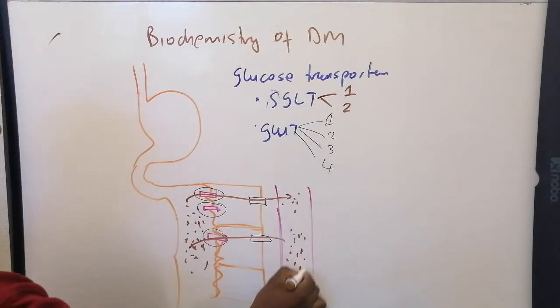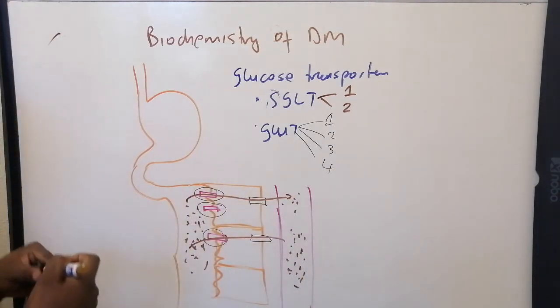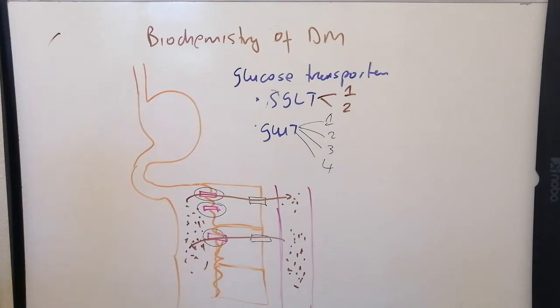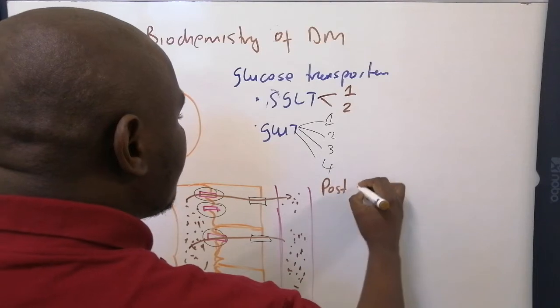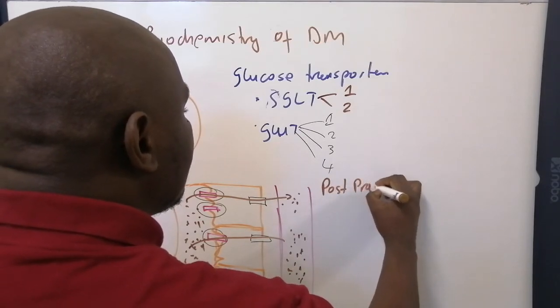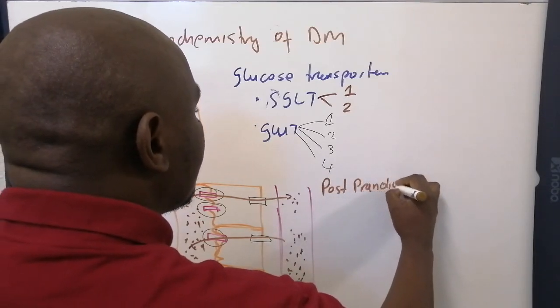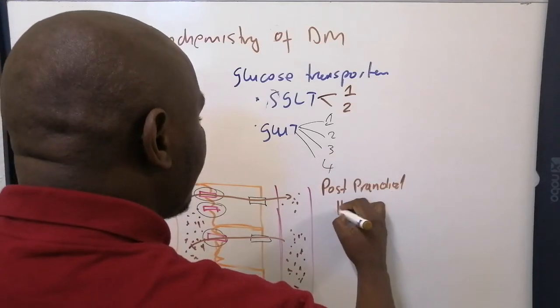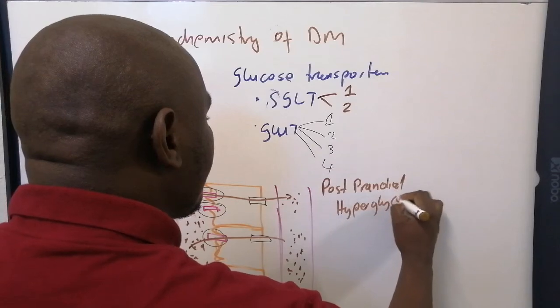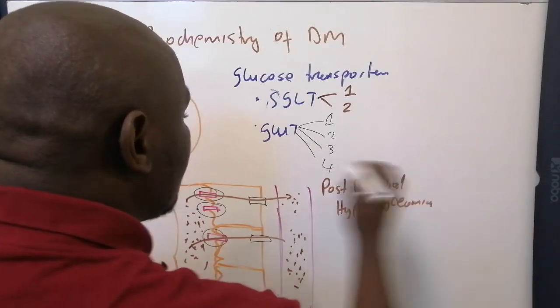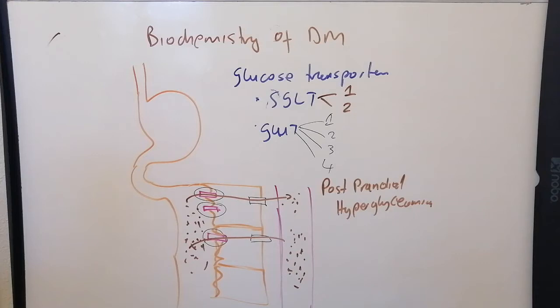So after we've eaten, talking about carbohydrates, it's broken down, absorbed, and gets into the blood. Now we've got a state of postprandial hyperglycemia. So we've got a lot of glucose here now.